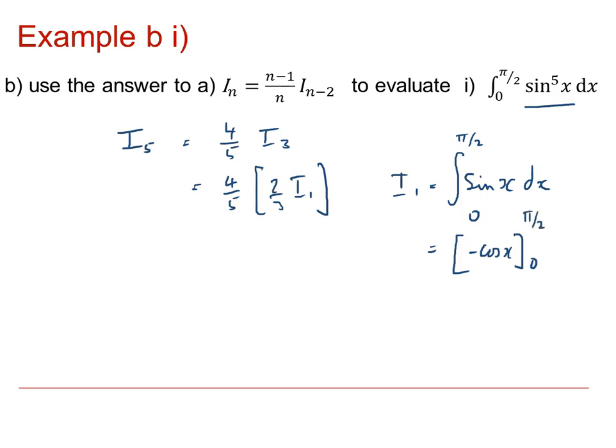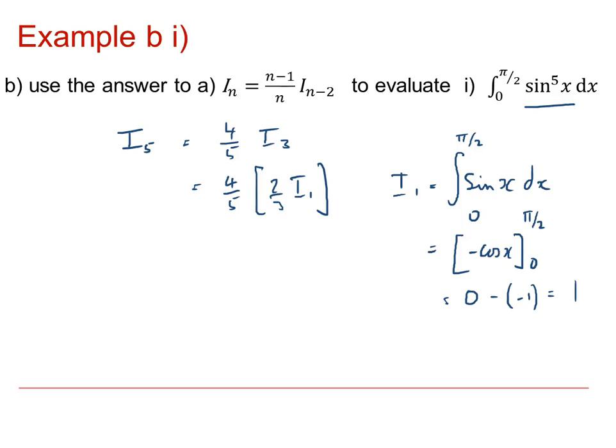So we get cos pi by 2, which is 0, and then minus of negative cos 0. So that gives us then 0 minus of negative 1, which is equal to 1.